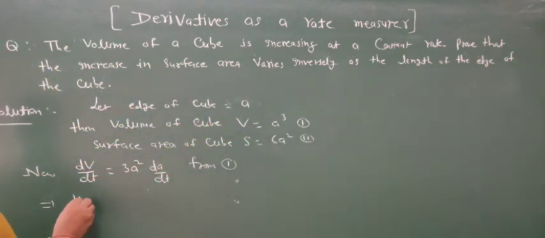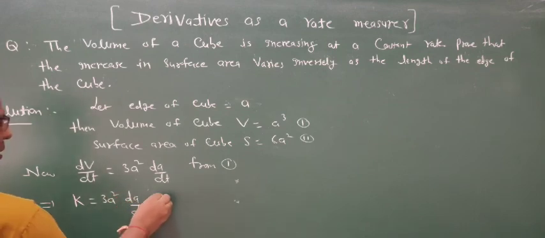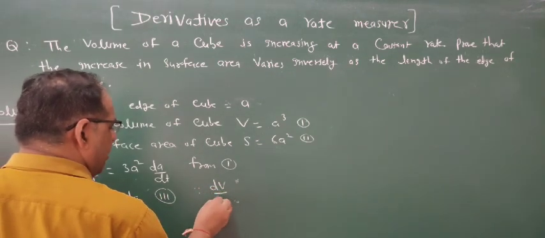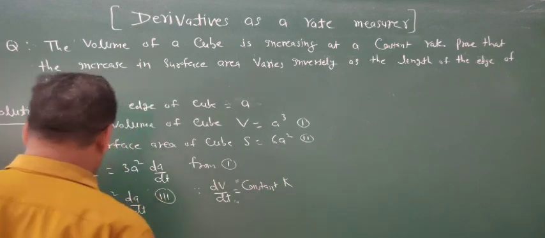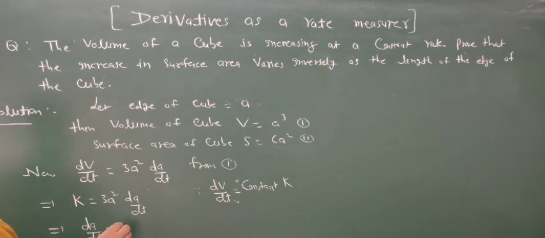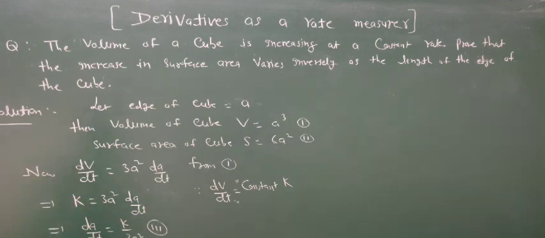That means k equal to 3a square dA upon dt, equation number 3, because dV over dt equal to constant k. Now one more step here. So dA over dt equal to k upon 3a square. This is equation number 3. Now prove that the increase in surface area varies inversely as the length of the edge of the cube.